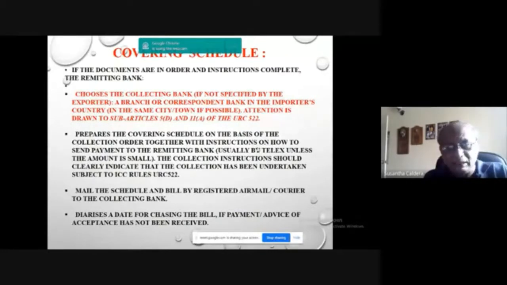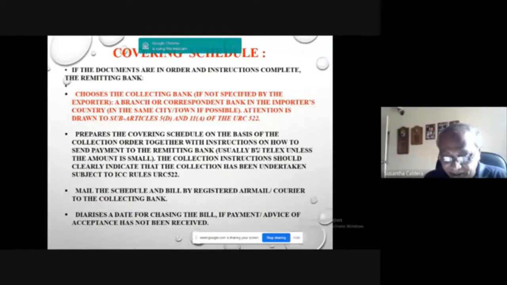Shall we see sub-article 5D and 11A, right? It is 5D. 5D is for the purpose of giving effect to the instructions of the principal, the remitting bank will utilize the bank nominated by the principal as the collecting bank. Very important, huh?